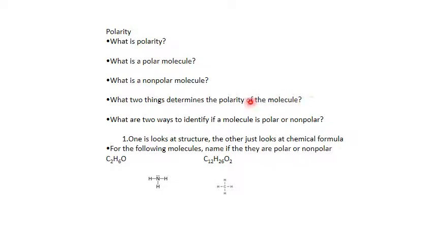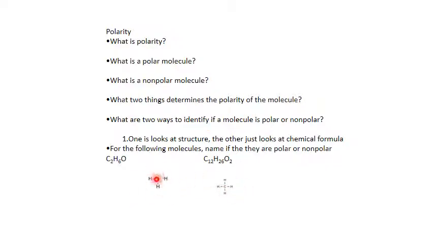Okay, and I went over the 2 things that determine polarity, and that was the electronegativity of the atoms attached, and also the shape. And then I gave you 2 ways to identify if a molecule is polar or nonpolar. One way is to look at the structure, like down here.